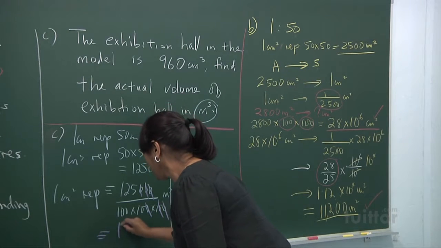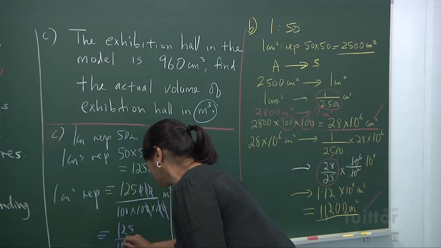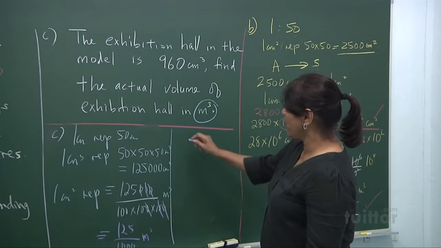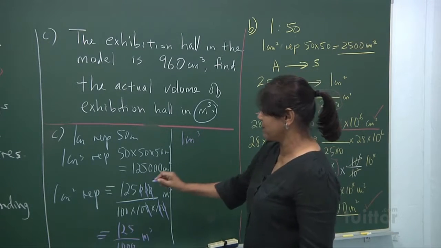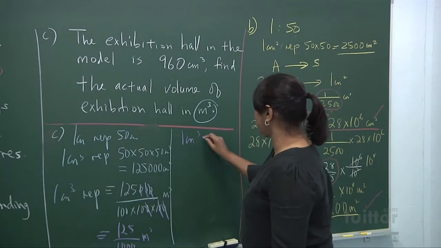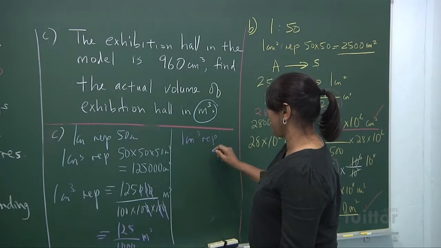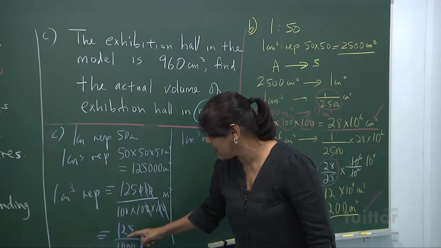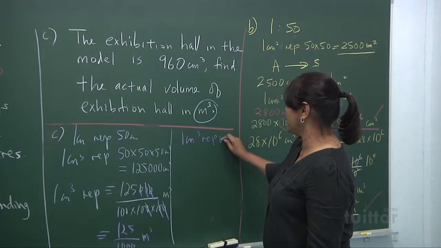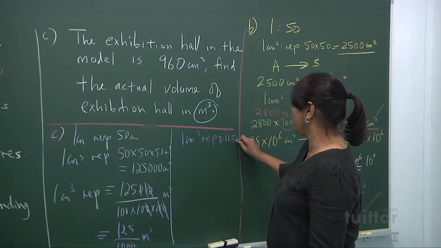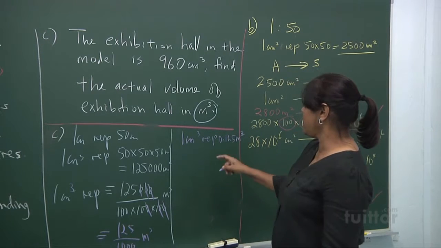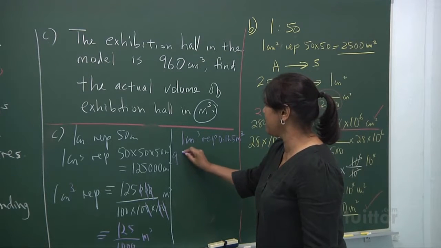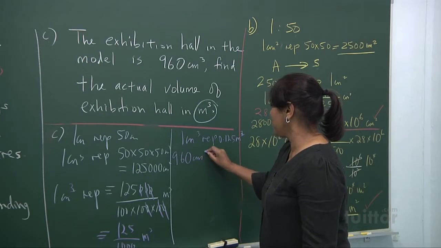So that is 125 over 1,000 meter cube. So 1 cm cube, I'm sorry, it should be cm cube, represents 125. If I divide by 1,000, I shift 3 places, 1, 2, 3, it will be 0.125 meter cube. So what does 960 cm cube represent?